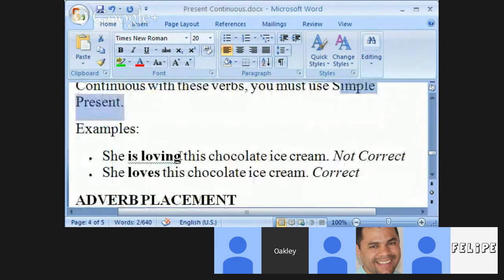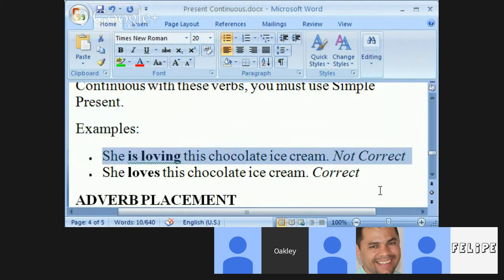Loving, all right, now, okay, here's a classic example. She is loving this chocolate ice cream is, grammatically speaking, just wrong. Now, I know probably some of you guys, if not all of you guys, have heard the McDonald's new jingle slogan. McDonald's, I'm loving it. It's wrong.